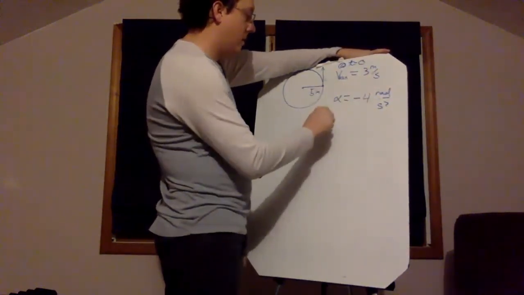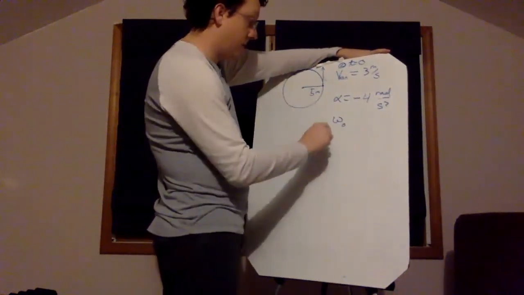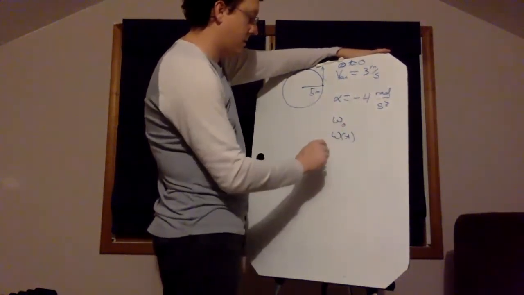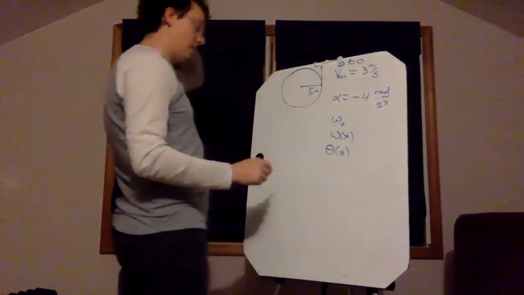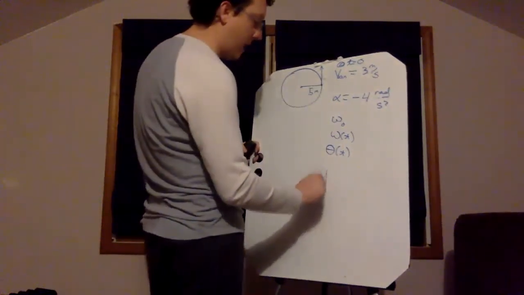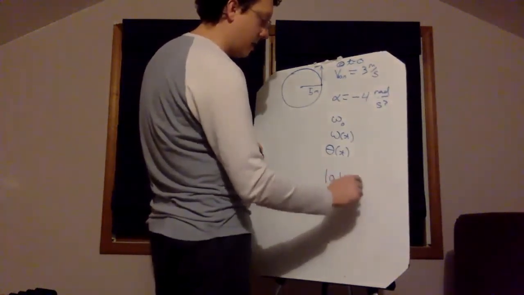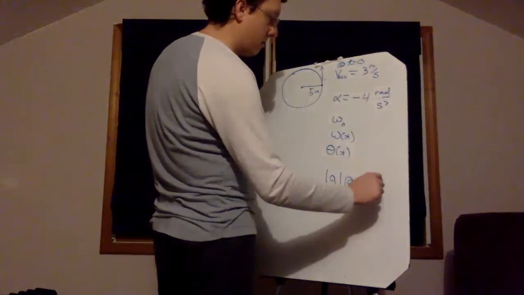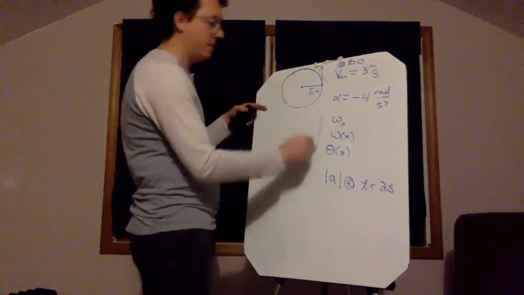Let's find omega initial. Let's find omega as a function of time. Let's find theta as a function of time. And then let's use these formulas to find the magnitude of the acceleration at time equals, I don't know, 2 seconds. Okay, so that's what we want to do.